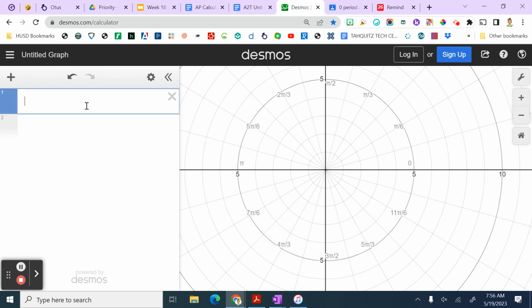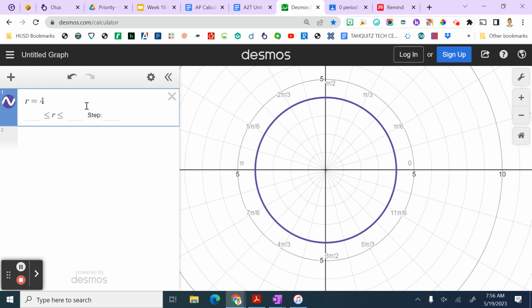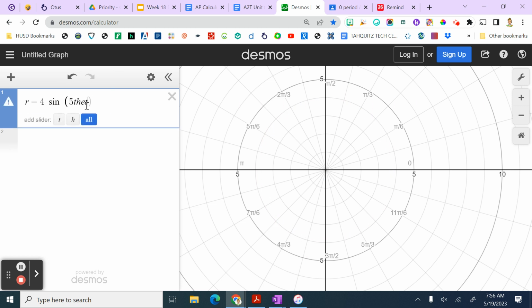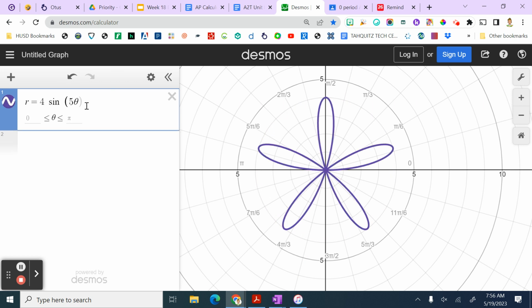It was r equals 4 sine of 5 theta. Okay. Oh, look at it. Desmos is too smart for us. Look at what it automatically did. It said 0 to pi, right? Let's see what happens if I go pi to 2 pi.